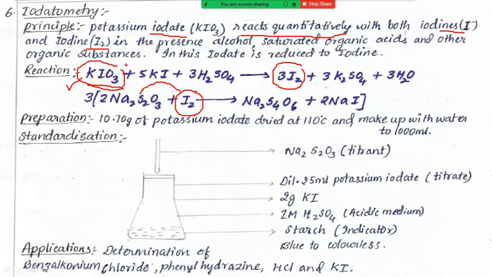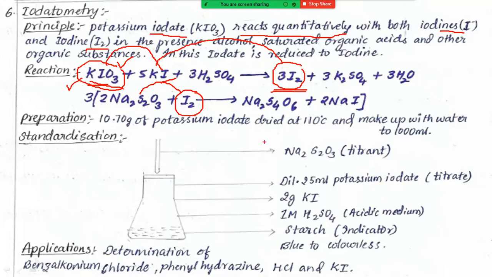Here potassium iodate will be useful for releasing iodine molecules from potassium iodide. Potassium iodide releases iodide, and potassium iodate releases iodate, that is IO3 minus. These iodate and iodide ions finally form triiodides, and those triiodides finally convert into iodine molecules.